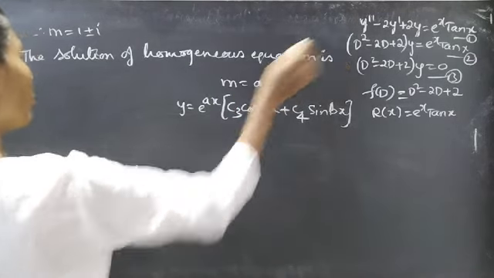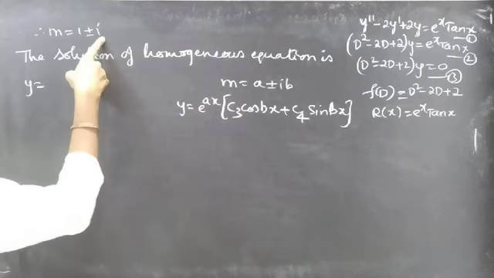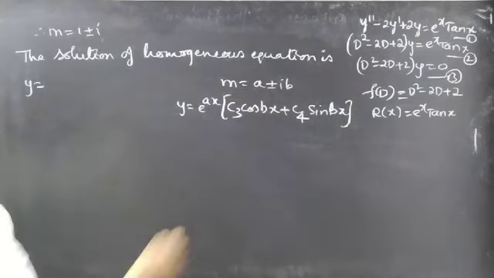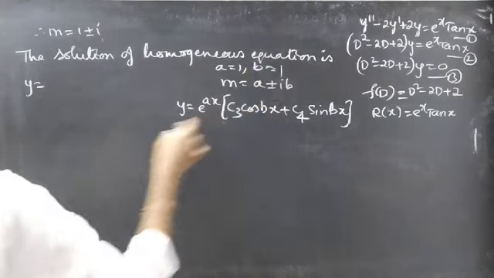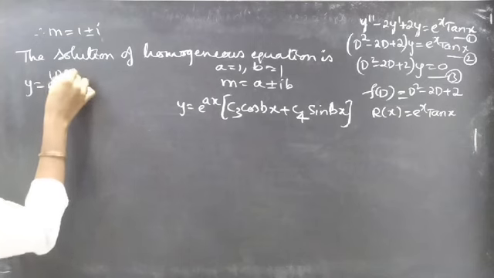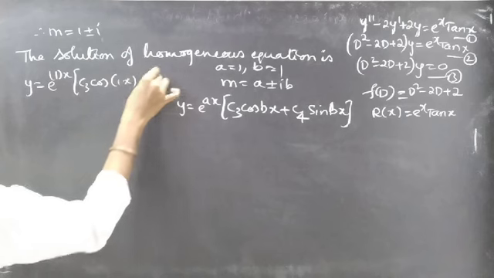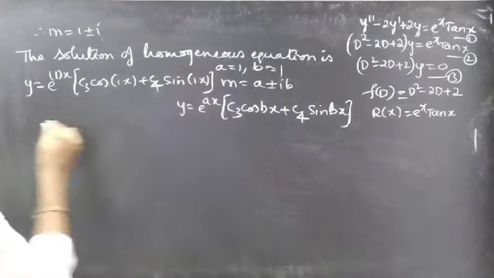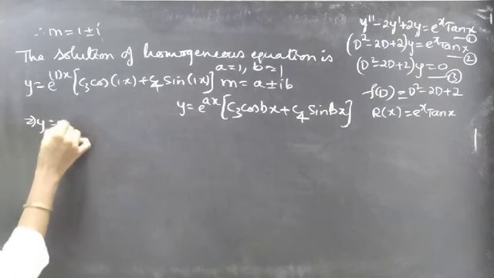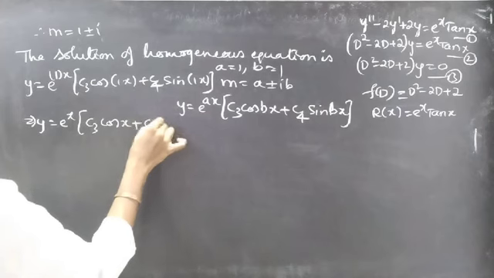The solution of the homogeneous equation is given by y equal to, now compare 1 plus or minus i with a plus or minus ib. Then for a equal to 1 and b equal to 1, we'll get e power 1 into x, into (C3 cos bx plus C4 sin bx). Then y equal to e power x into (C3 cos x plus C4 sin x).